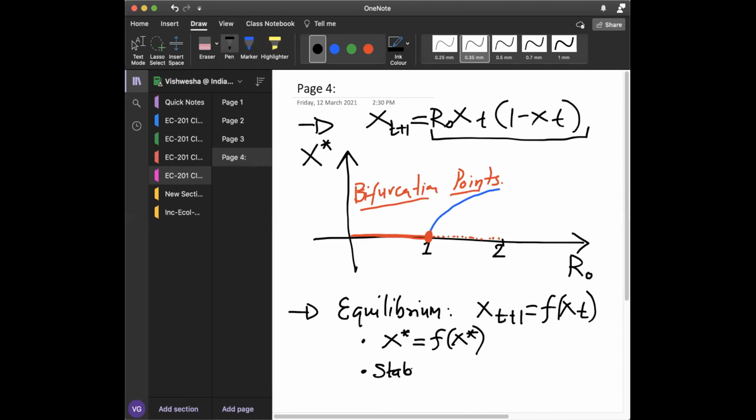Now, how do you know stability? To know stability, you need to calculate the derivative of this function f of x and calculate this at the value x star. And if this value is less than 1, then you say it is stable. A stable equilibrium basically means that if I now add a few individuals to this equilibrium population or subtract a few individuals from it, then it comes back to the original equilibrium.